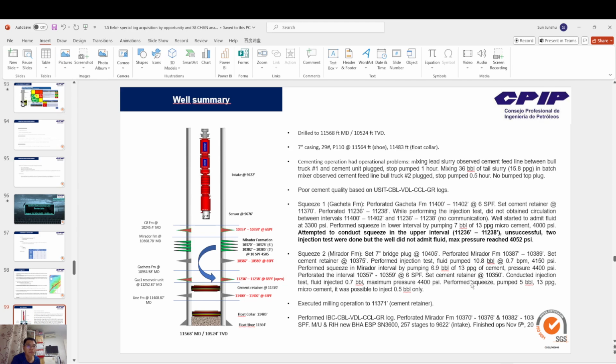No communication. We started to admit fluid at 3,300 psi. Performed squeeze in the lower interval by pumping 7 barrels of 13 ppg micro cement at 4,000 psi.